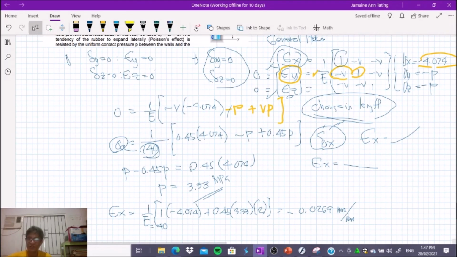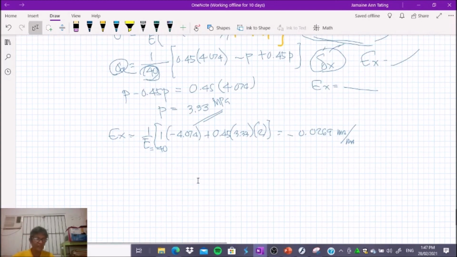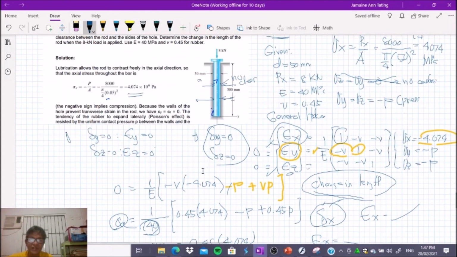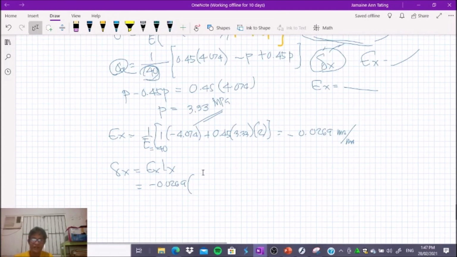Now, 0.0269. Then, after that, saka ka na mag-solve using the formula: change in length in X will be equal to strain in X times yung length sa X, no? So this negative 0.0269 times ilan yung length sa X natin in the X direction, that is 300 mm. So negative 0.0269 times 300.